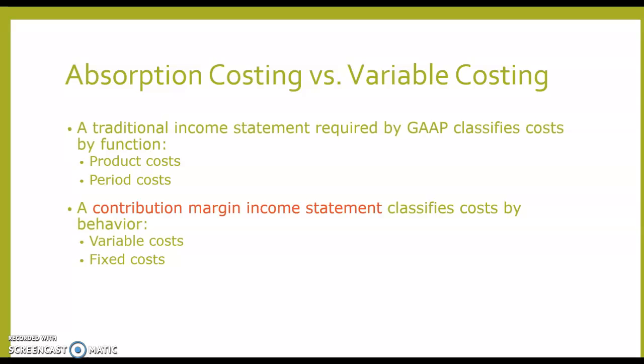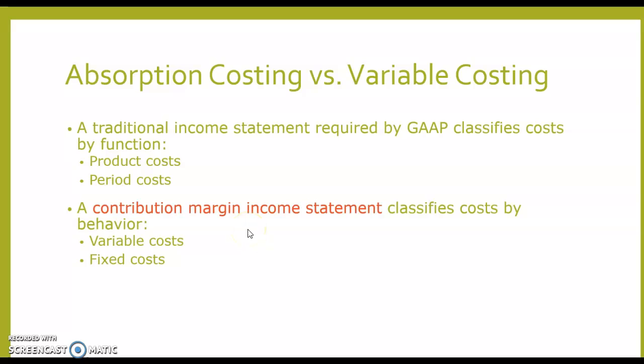If we're a manufacturer, however, the product costs are calculated from direct materials, direct labor, and the applied overhead that went into those products. We have to have a way of adding those up to know how much each product cost us, and then we subtract that from the sale. That becomes our cost of goods sold. So that's how we do things traditionally.